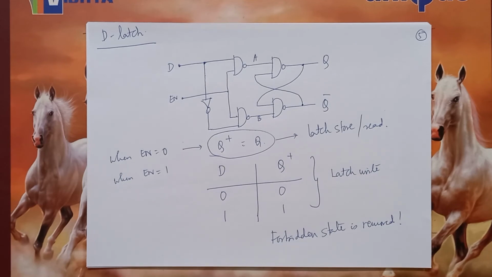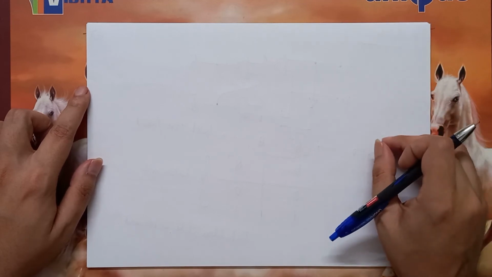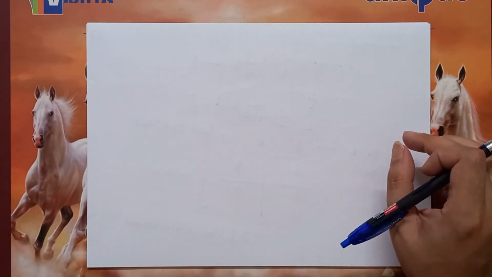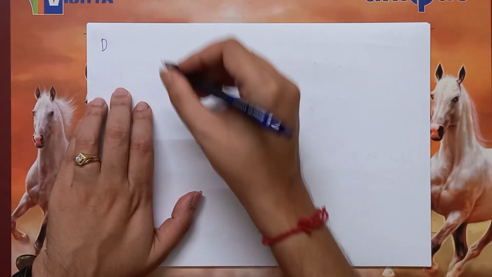Now let us see how this D latch works with the help of waveforms. How does this D latch work with the help of waveforms? Suppose D changes like this.